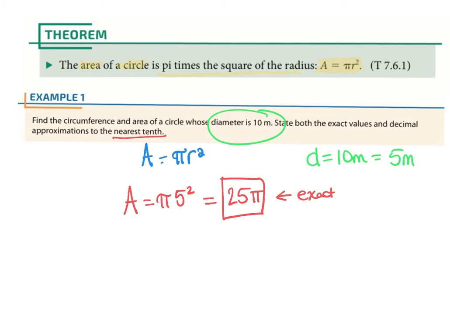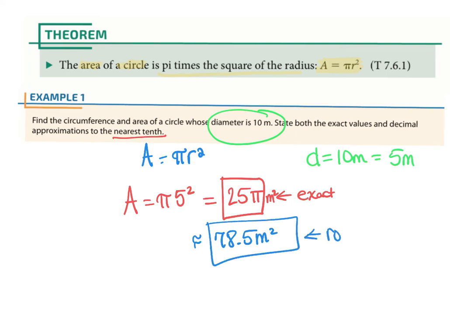So when you plug it in, you get approximately 78.5. 78.5 square meters versus 25 pi square meters. So this is your rounded. So when you see exact, they want pi. When you see rounded, they want you to plug it in. All right. So let's try a couple of them.